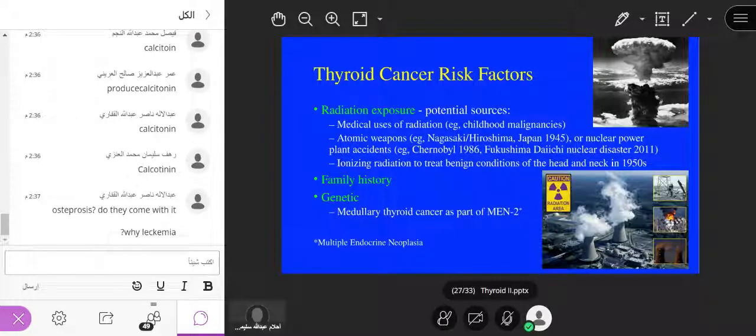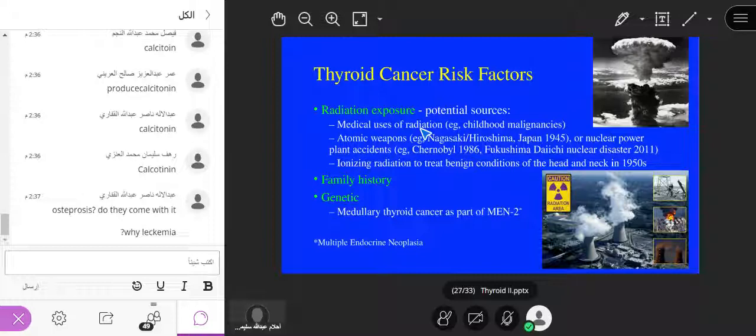I'm just saying that in children the most common cancer is leukemia, but it's not the leukemia itself. It's the radiation used for childhood malignancy that increases the risk of thyroid cancer. Or if they have a brain tumor and received radiation. Not radiation as an X-ray, not radiation for a dental exam.